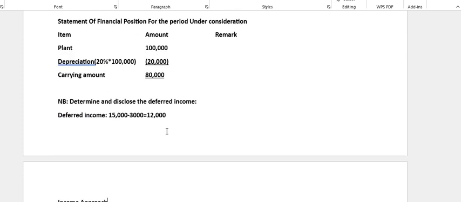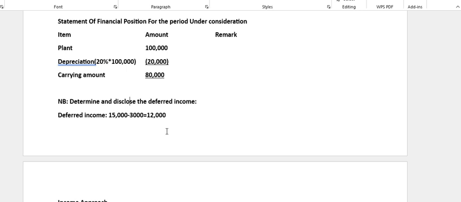Then under your statement of financial position, you have plant amount of 100,000, depreciation of 20,000, and current amount of 80,000. You see? Are we still together? Now, assuming we are using the reducing balance basis, we are just going to say 20% of 80,000, and that will give us the depreciation for year 2. Is that taken?